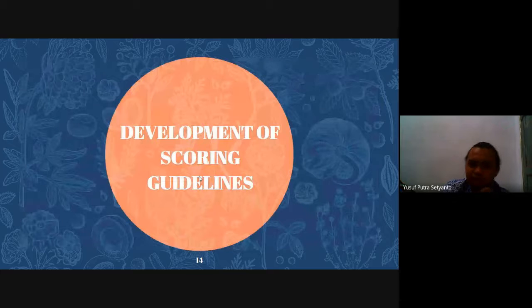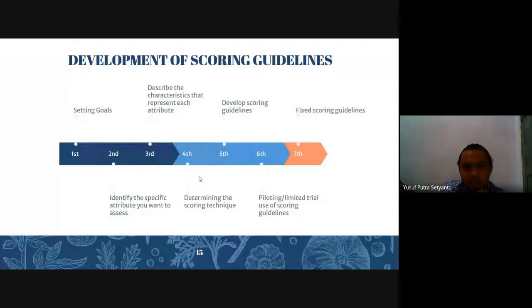Okay, next is the development of scoring guidelines. There are 7 steps of developing the scoring guidelines. The first one is setting goals. The test is developed according to the needs of collecting data on aspects that are indeed the purpose of measurement. The second step is to identify the specific attribute you want to assess.